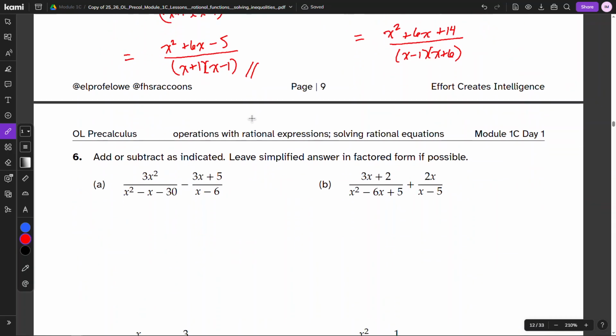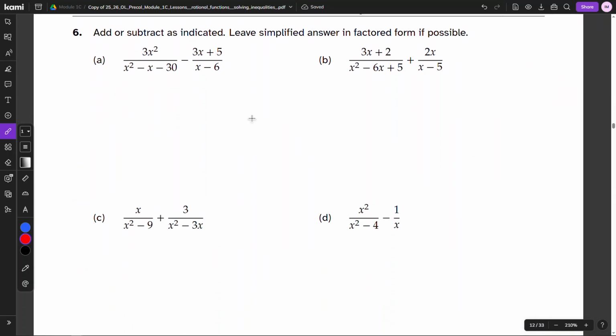Okay. Slightly more difficult ones on adding and subtracting. We need to find our common denominator, but in order to find the common denominator, it's going to be very helpful to go ahead and factor things to see what we have. So here's an x minus 6 and an x plus 5 for this one. This one over here is going to have an x minus 5 and an x minus 1.